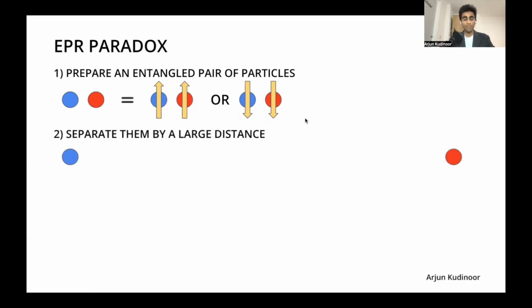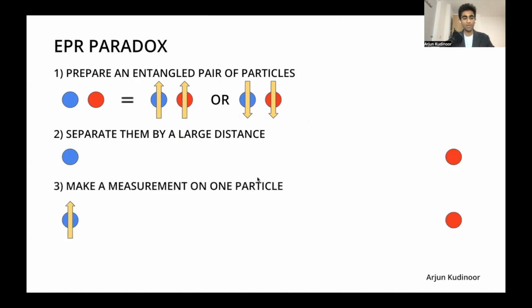Now let's separate them by a large distance, okay? Keep one here and then take the other one to the edge of the observable universe. Okay, now let's make a measurement on the one here. Let's suppose we find it to be in the up state.